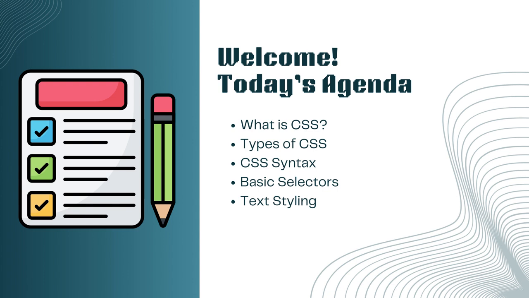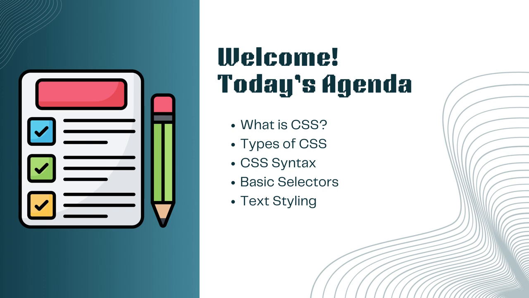Once we understand how to apply CSS, we will dive into its syntax, breaking down selectors, properties, and values that form the foundation of CSS styling. From there, we will move on to the basic selectors, learning how to target elements effectively using type, class, and ID selectors.